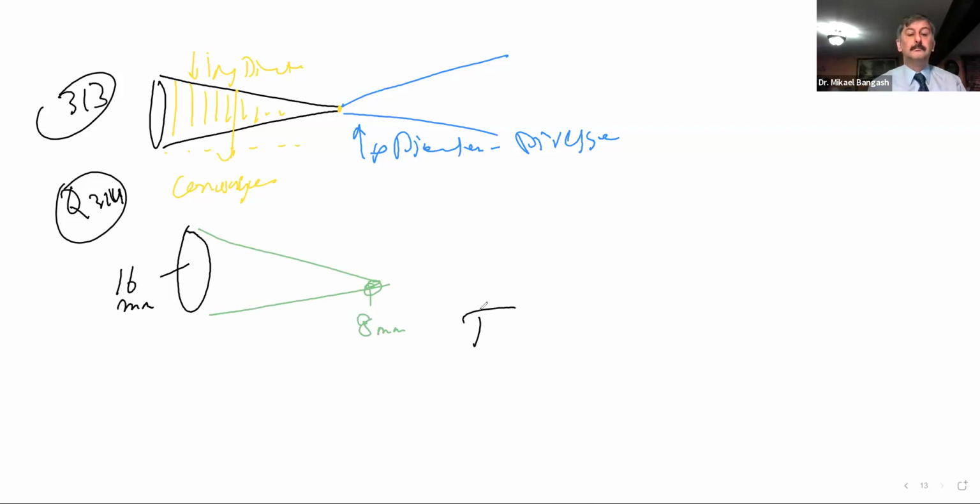That's true, because what did we say the diameter of the beam was at the focus, the narrowest point? Half of the PCT's diameter, and half of 16 is 8.